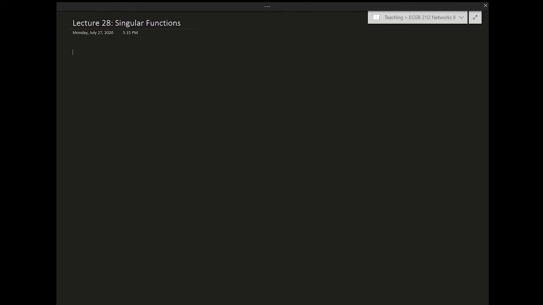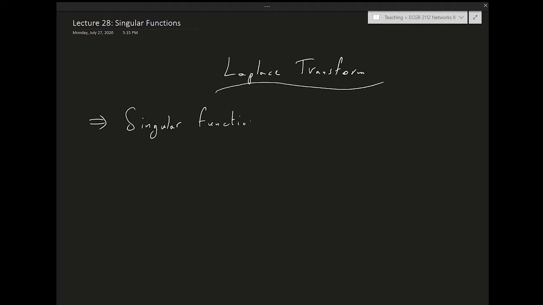Good afternoon, everyone. We're gonna start our discussion of the Laplace transform. And before we can start talking about the Laplace transform, we have to talk about singular functions.